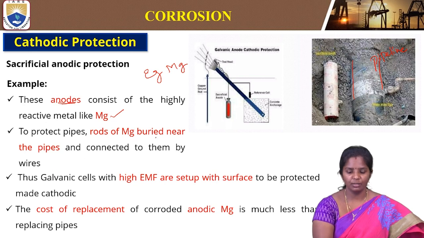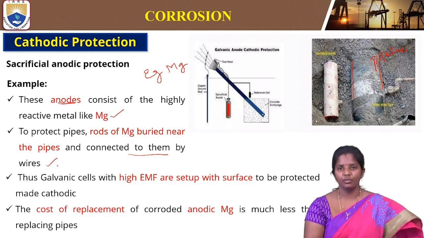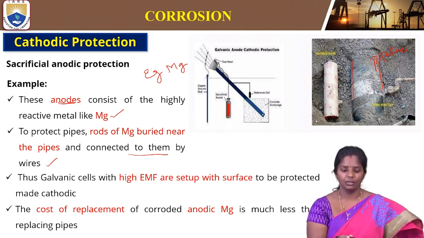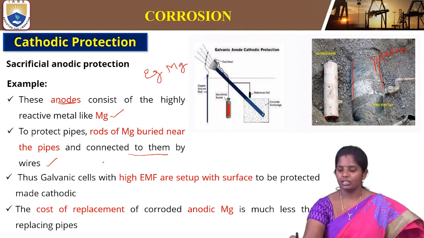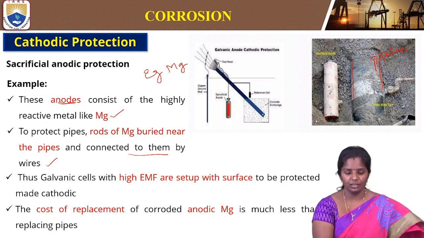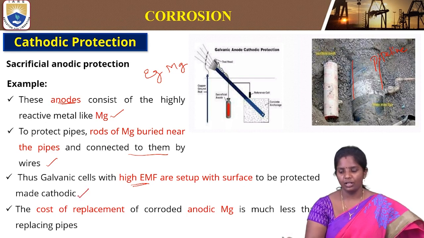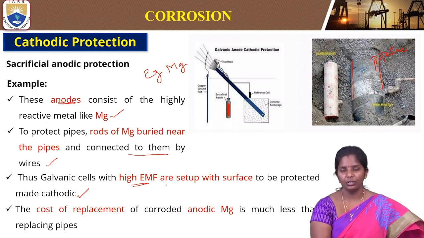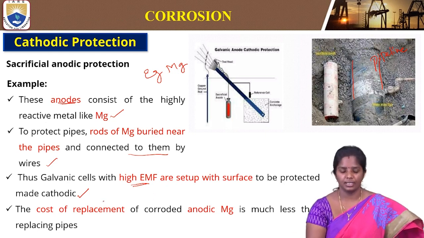Rods of magnesium are buried near the pipes and connected to them by wires. We place these magnesium rods beside this pipeline to protect it. Thus, a galvanic cell with high EMF is set up with the surface to be protected made cathodic. This is how a high EMF is developed, so that it becomes cathodic in nature and therefore is protected.